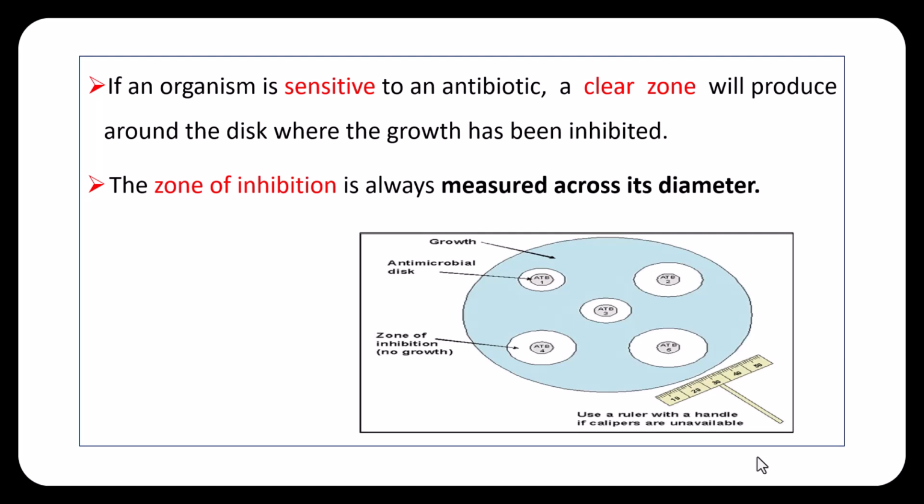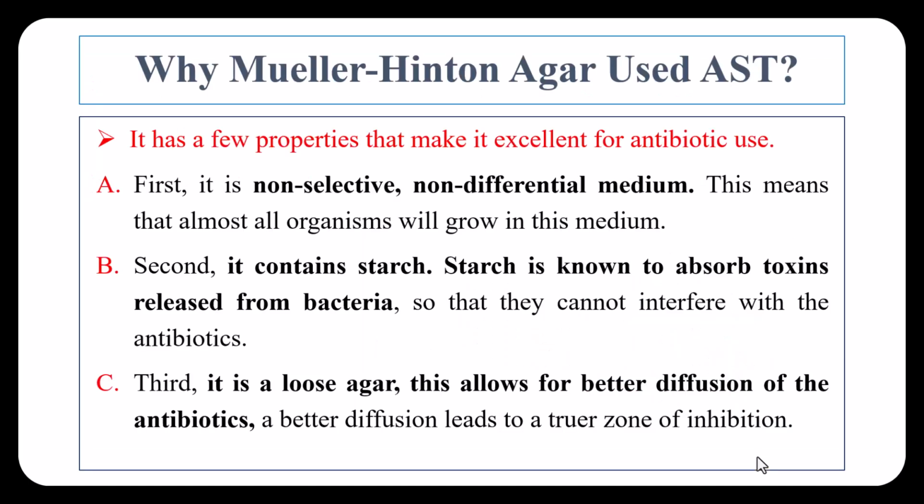And this zone of inhibition is measured across its diameter. And why do we use Mueller-Hinton agar for this test? The first point, because it's a non-selective and non-differential media. Non-selective for a specific type and cannot differentiate between bacteria groups, allowing all bacteria to grow on it. We use this media because all bacteria can grow on this type of media.